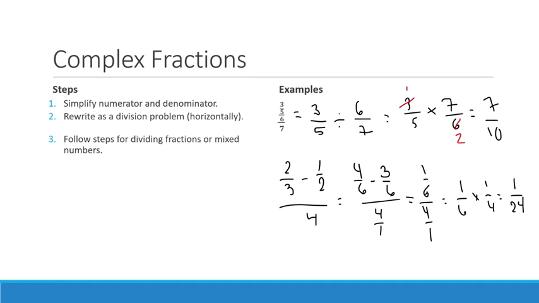Well, we need to find a common denominator first, which is going to be 6. 3 times 2 is 6. 2 times 2 is 4. 2 times 3 is 6. 1 times 3 is 3. 4/6 minus 3/6 is 1/6 over 4, or 4 over 1. Since we're dividing 1/6 by 4 over 1, we can change that to multiplication, 1/6 times 1/4, which gives us 1/24.